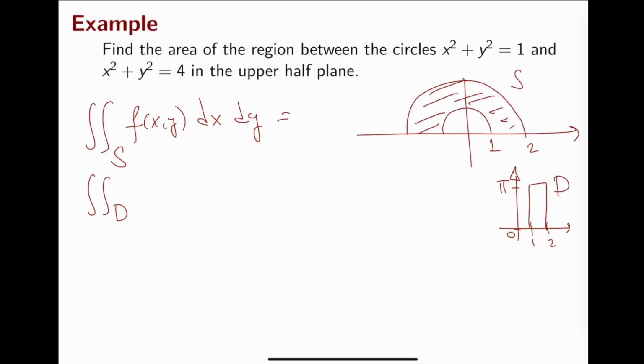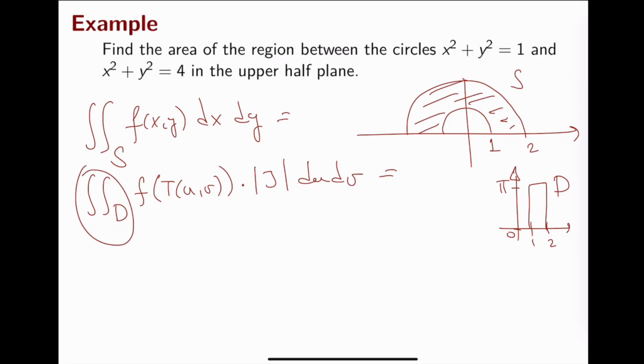So we can do instead the double integral over D of f evaluated at the change of variable, right? That's what the theorem says. And multiply by the absolute value of the Jacobian, and so du dv.